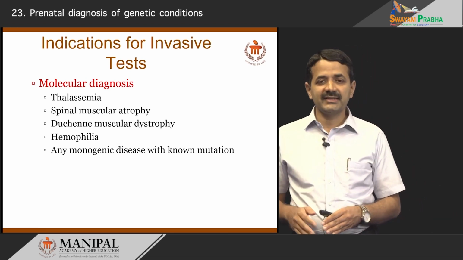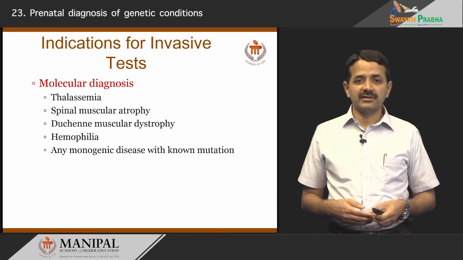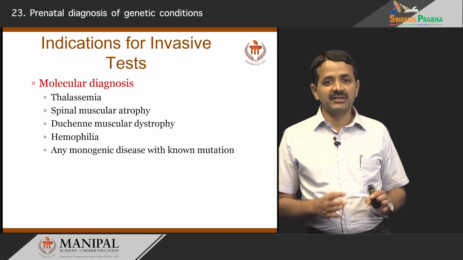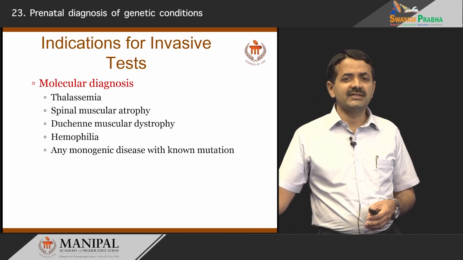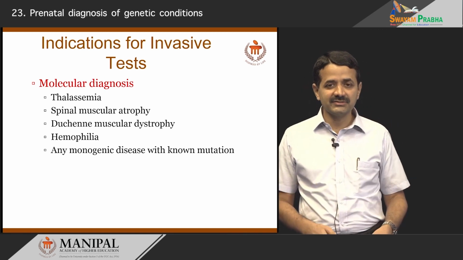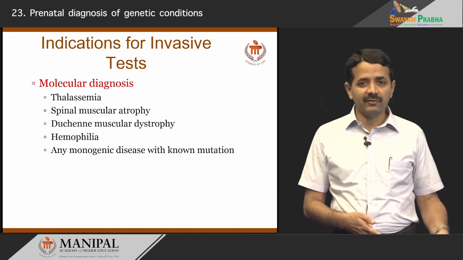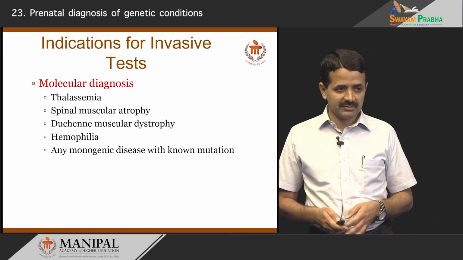The most common indications I have listed here include thalassemia, spinal muscular atrophy, Duchenne muscular dystrophy, hemophilia A and B, or, as I said earlier, any monogenic disease with a known mutation. That is a prerequisite. We should have a diagnosis before we know what we are looking for in the sample of the baby, then we can do prenatal diagnosis.